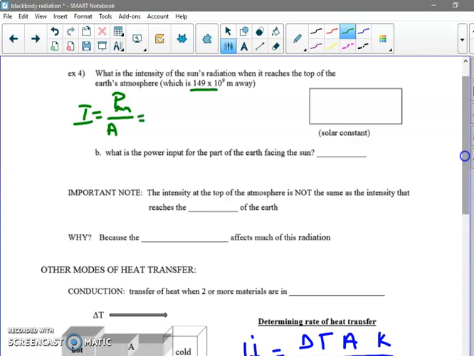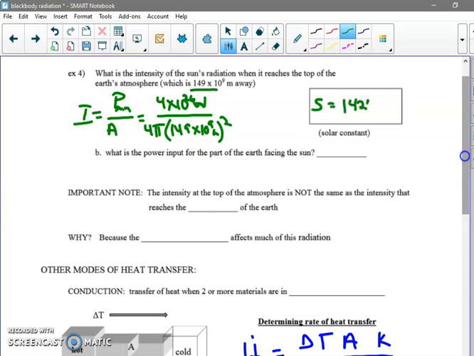So this is the roughly 4 times 10 to the 26th watts, and then this is going to be 4 pi, and then the 149 times 10 to the 9th meters quantity squared. All right, punch out the numbers, and you get a very important number called the solar constant, S. I've been using approximate numbers.